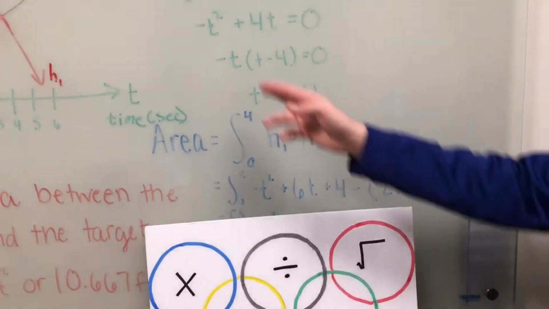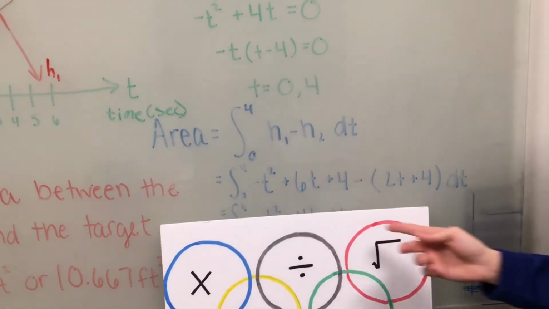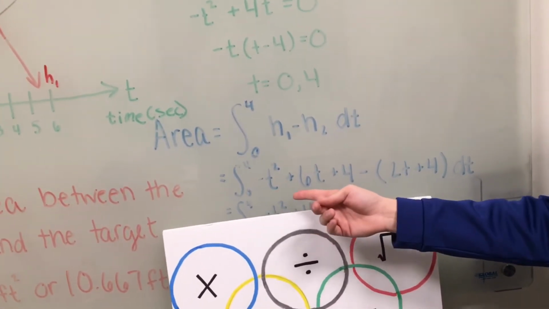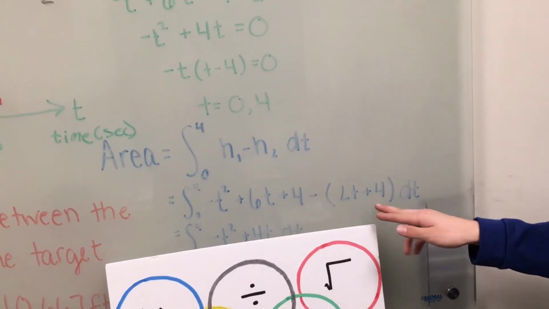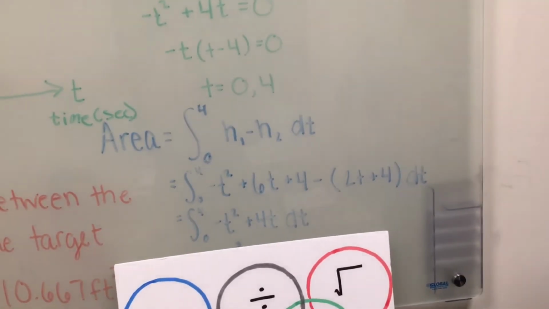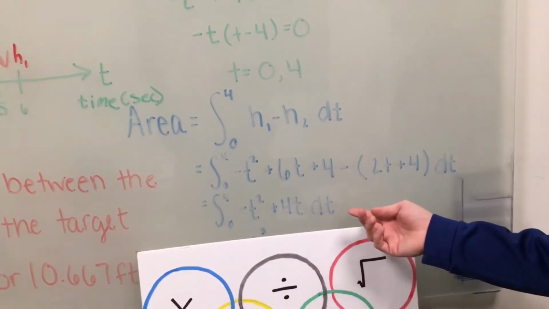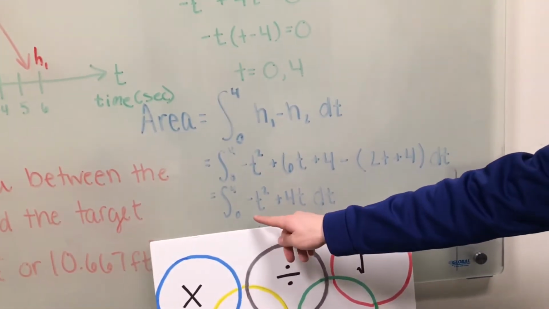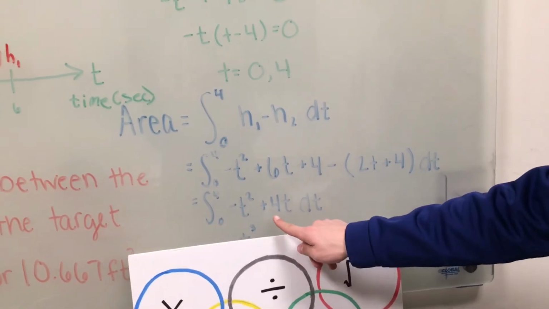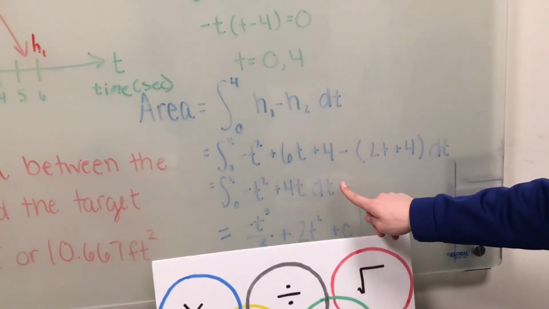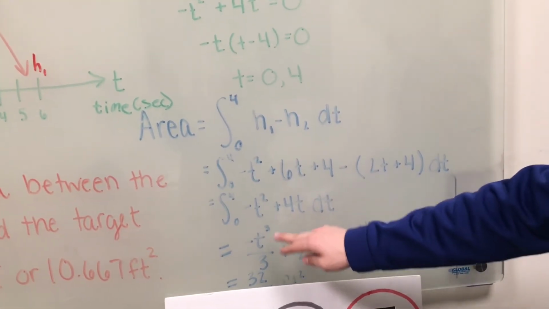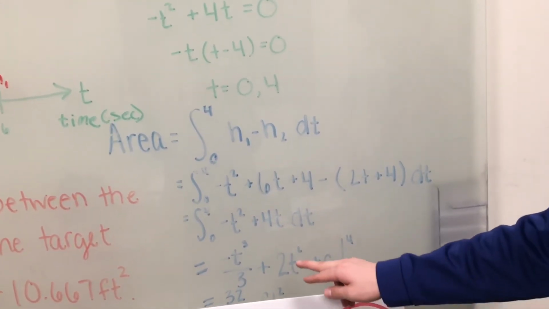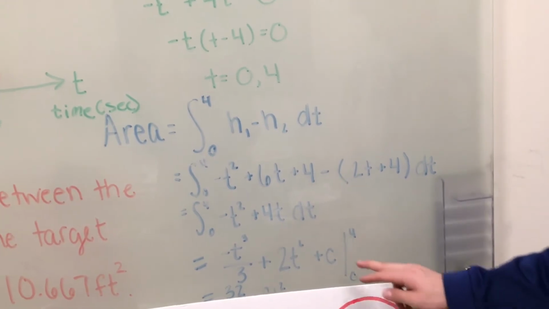So we plug in h1 minus h2: negative t squared plus 6t plus 4 minus (2t plus 4) times dt. When we simplify this, it comes to negative t squared plus 4t dt. And then when we integrate, we get negative t to the third over 3 plus 2t squared plus c.